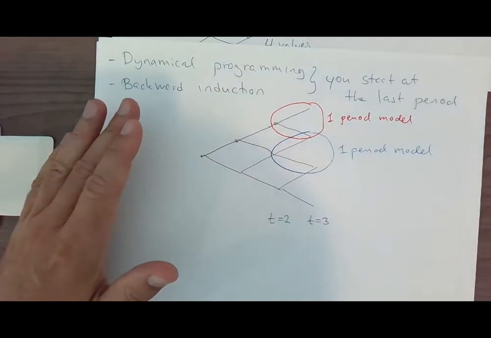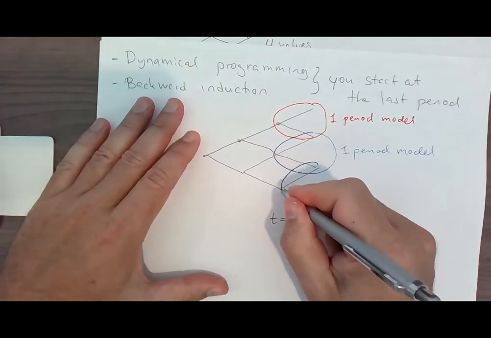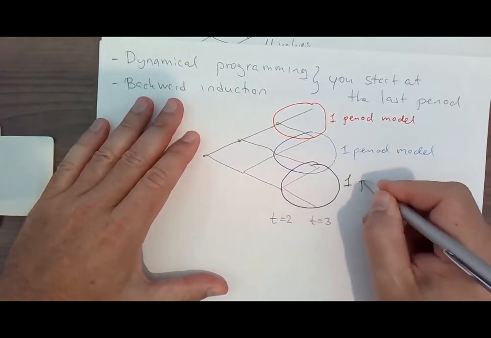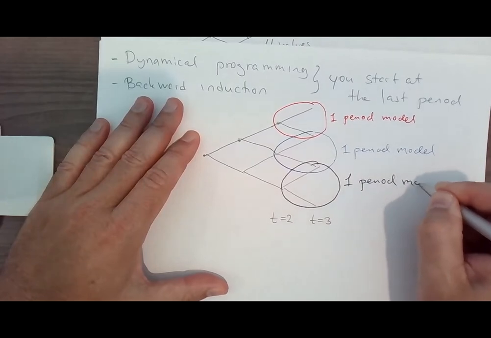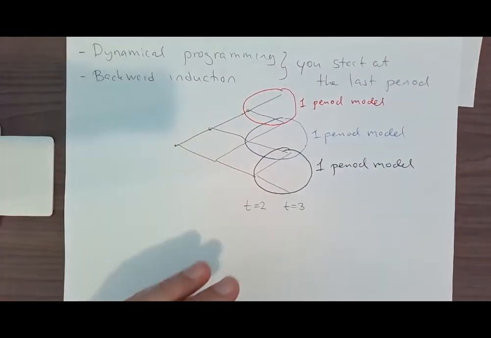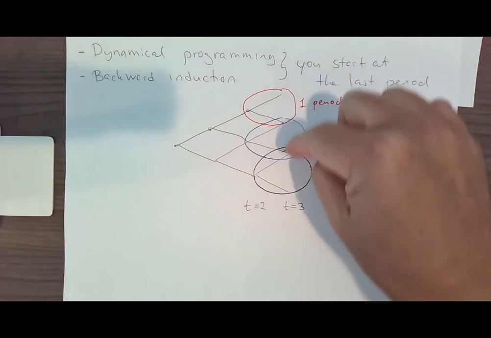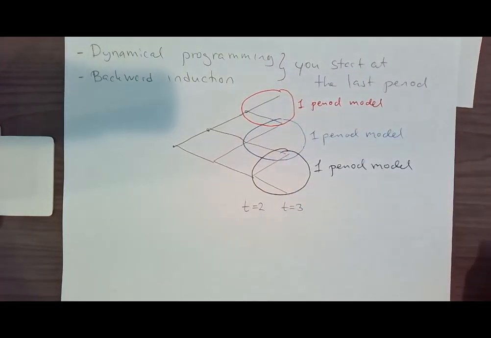Maybe there's another color here. And this one here is a 1-period model. So within each circle, you have exactly what we've been talking about earlier today and what we talked about last time.